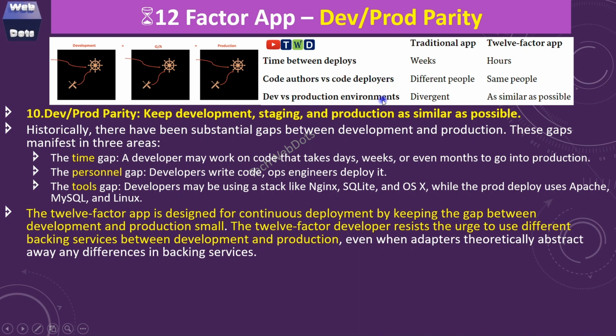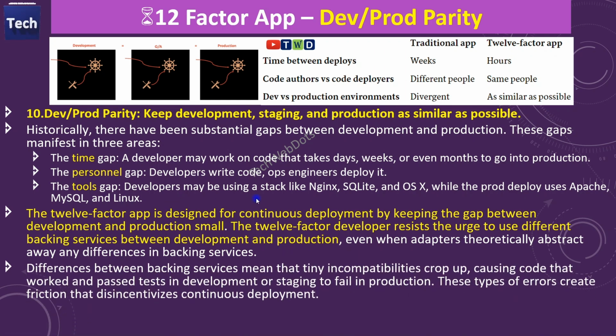Here, the dev versus production environment. In the traditional approach it is divergent, meaning different people are performing these tasks, but in 12 factor it is as similar as possible. I mean they are aware of the concept of what they are doing. Now, differences between backing services mean that tiny incompatibilities crop up, causing code that worked and passed tests in development or staging to fail in production.